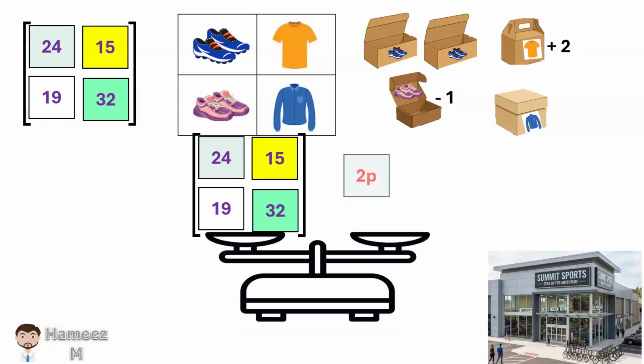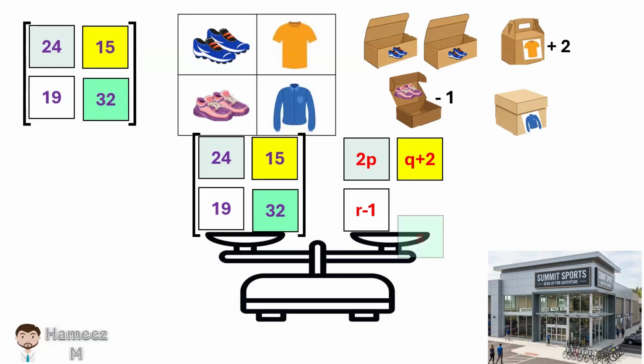We have, let's say, 2p to represent those sets of blue shoes. We have one box for the male tops. So we could say Q, we don't know how many in there, and two more. That's what's sent. And when we look at the pink shoes, there's one box of pink shoes. Let's call that R minus 1. And finally, let's call that S.